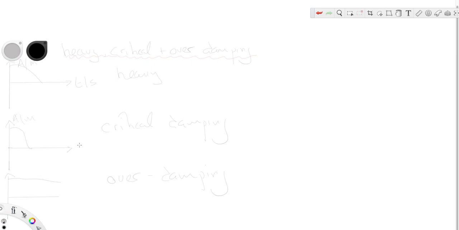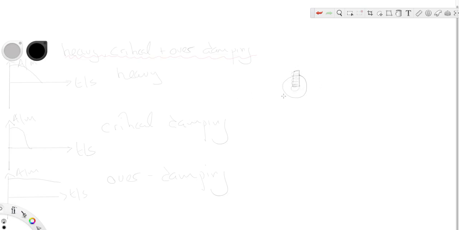So if we were to take this in a very real world context, if we were to consider this as the wheel on a car. So you have the wheel, and behind the wheel you have a suspension spring, and within that suspension spring you have what we call in the UK a shock absorber, what is more accurately called a damper actually.